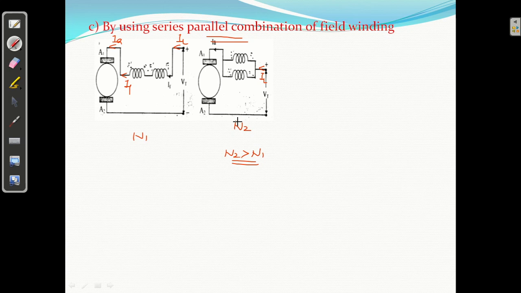In this method two combinations of speed can be obtained, so you will get N2 more than N1. Clear? This method is called the series parallel combination method, or series parallel connection of field windings.